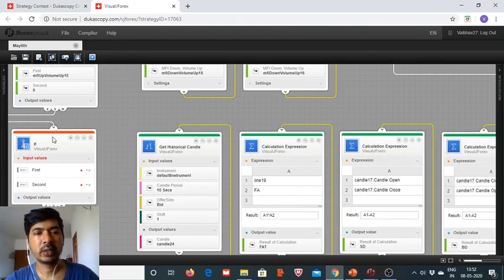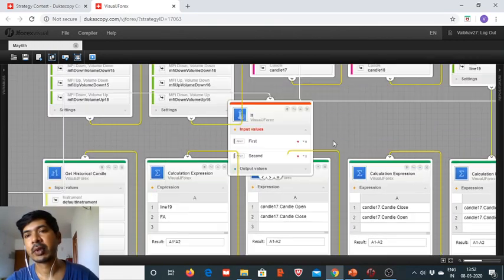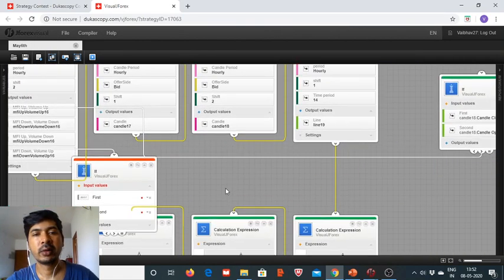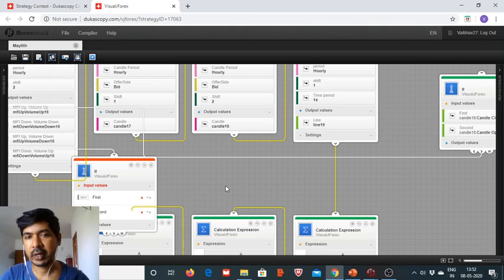Now we turn our attention to the candle 17 and 18's closing levels. We have already considered the candle 18's closing level.